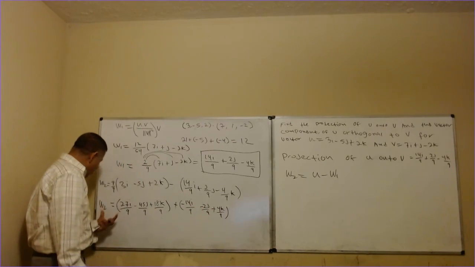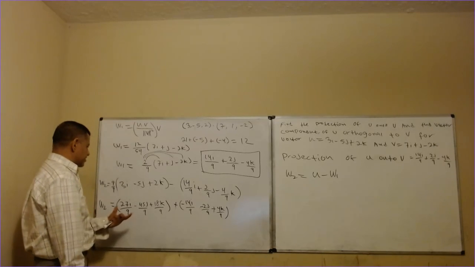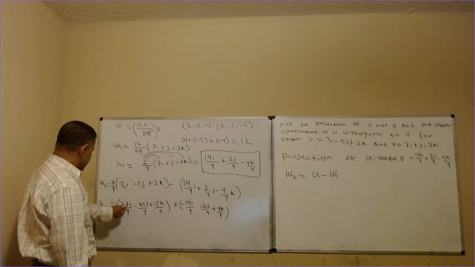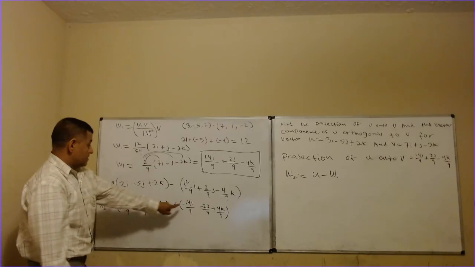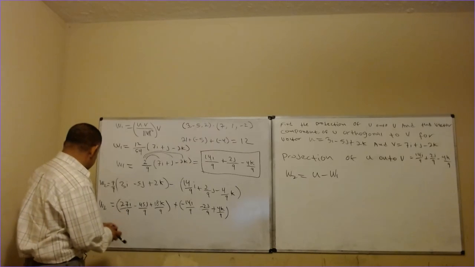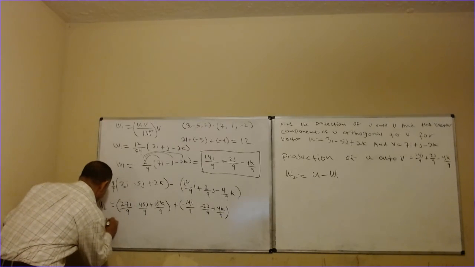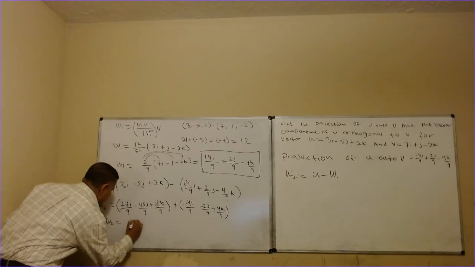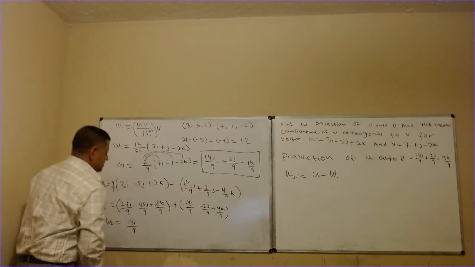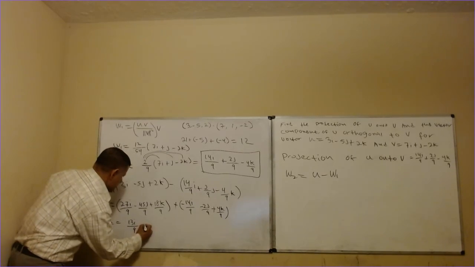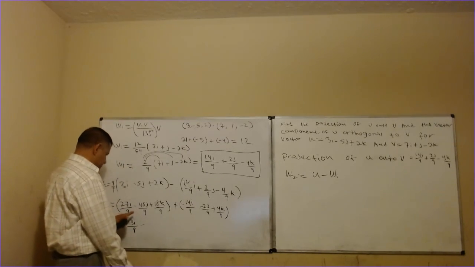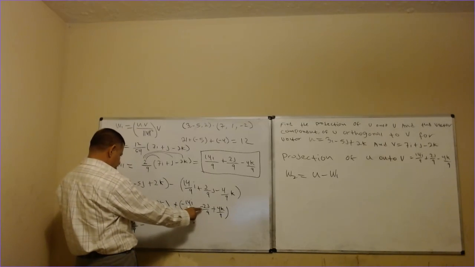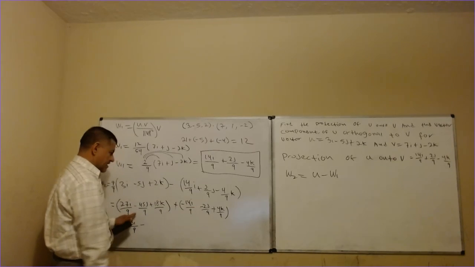So now what is my next step? My next step is simply to add them up. Here I get 3i, subtracting 14i over 9, I get 13. So W2 is equal to 13i over 9. And here I am subtracting this, but both are negative.